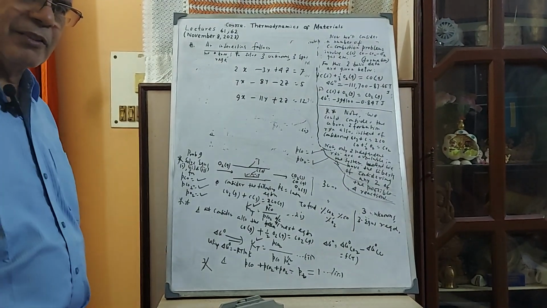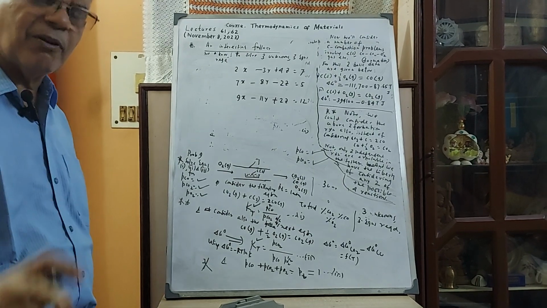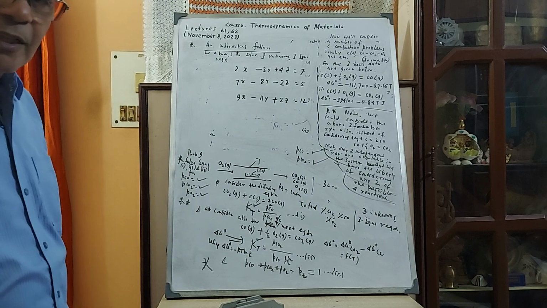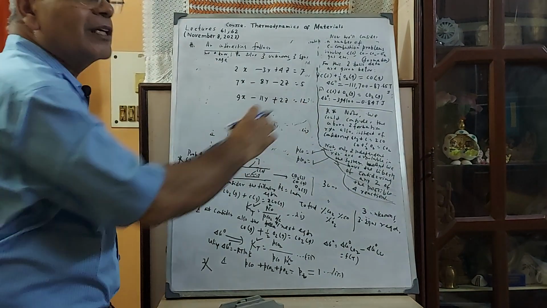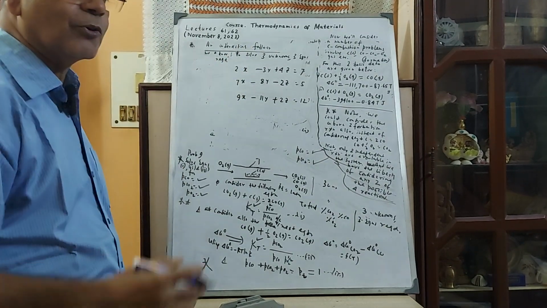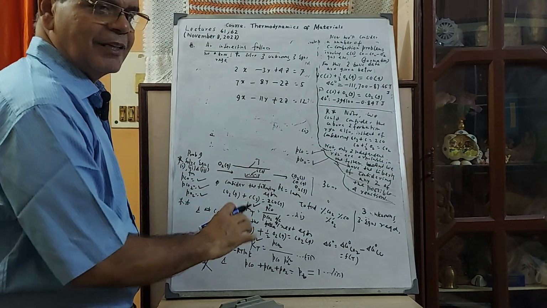Can you solve this? Why? If you add up the first and second equations, you get the third. I know as much as you know, so this is a dependent one, manufactured.